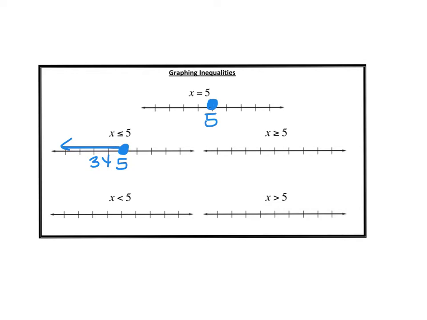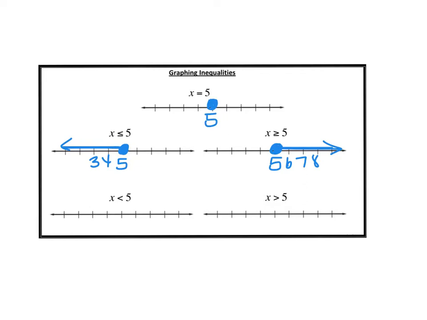Remember, if I have greater than or equal to 5, it's also solid, meaning it includes the 5 and everything that is bigger than 5. So I'd have my 6, 7, 8, going on and on forever, going more positive.